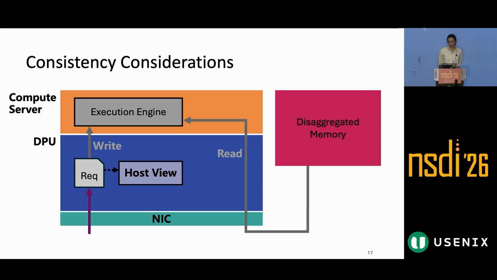The third case, where a false positive may occur, is when the client, or the execution engine here, silently generates an item and stores it locally. This is an issue because on a subsequent request, host view will believe that this item is not cached and generate a read request to disaggregated memory for that data item.